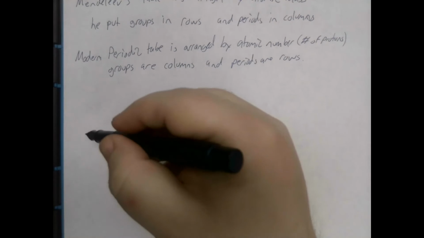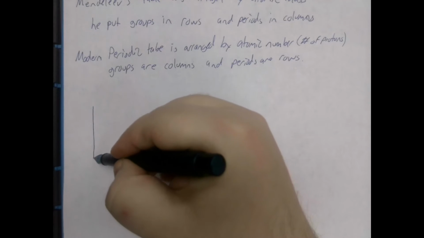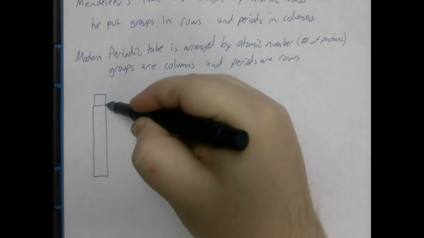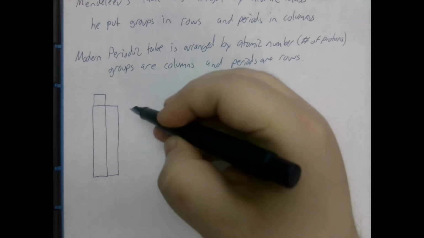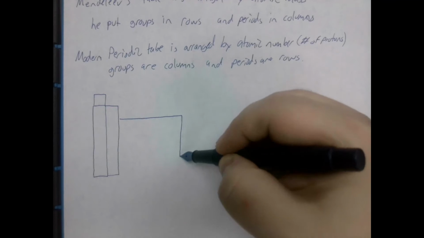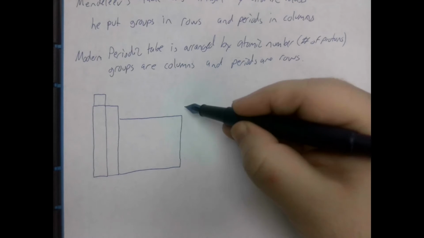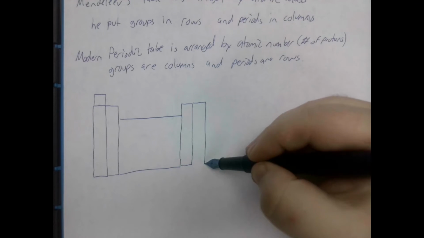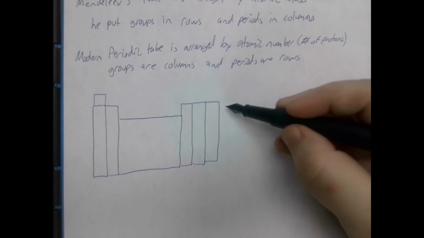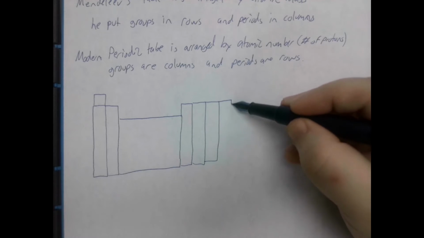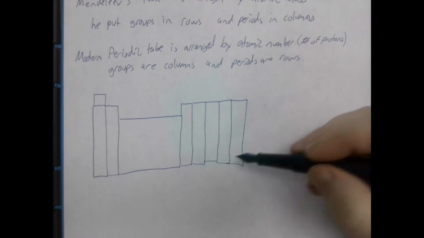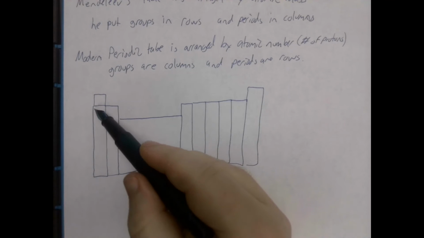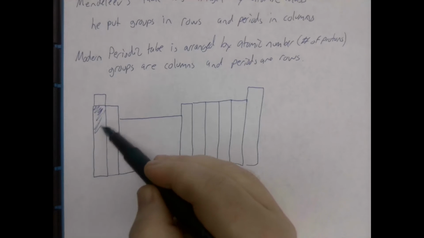So, let's look at the periodic table. What is this group called, excluding the first element?